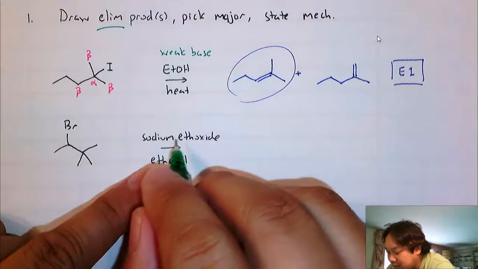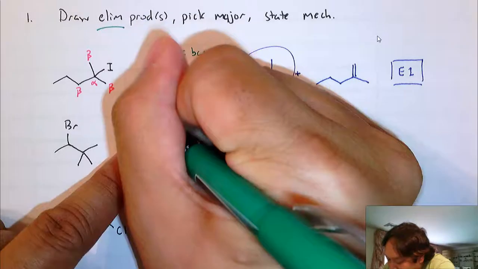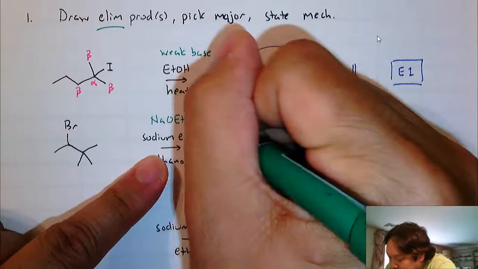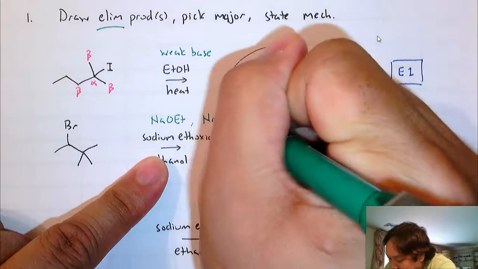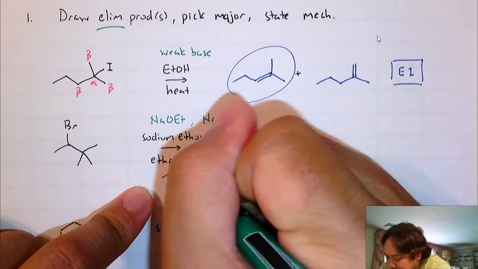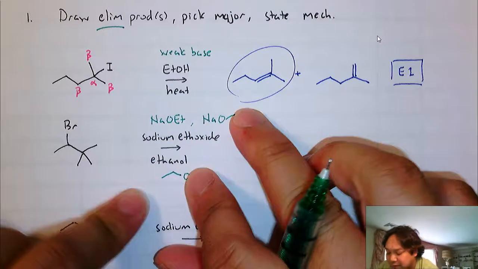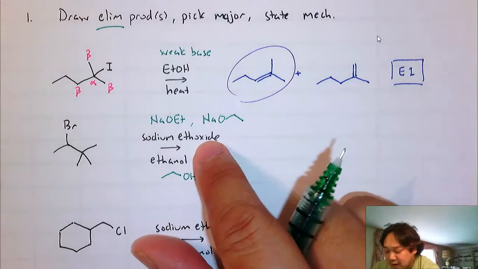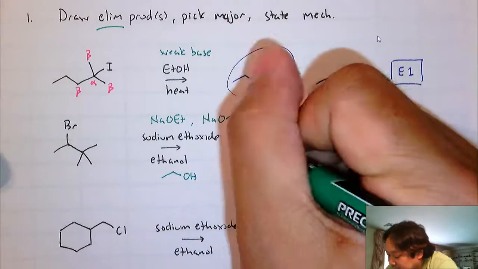Now, how would I draw this? You could draw it like this, NaOEt, right? Or NaO with an ethyl group. Ethanol looks like this. So they're very similar, but you're going to use this top molecule as the base, and it's a strong base.